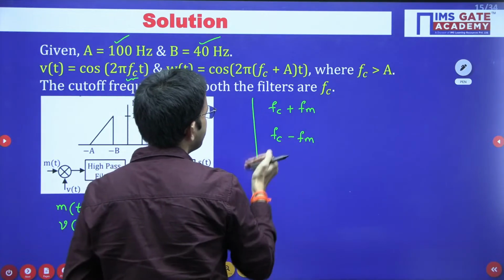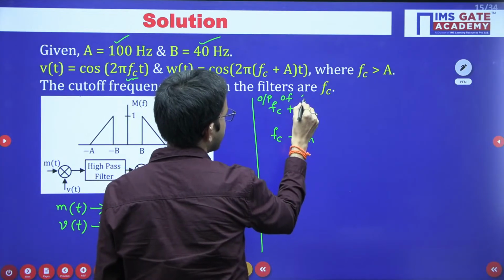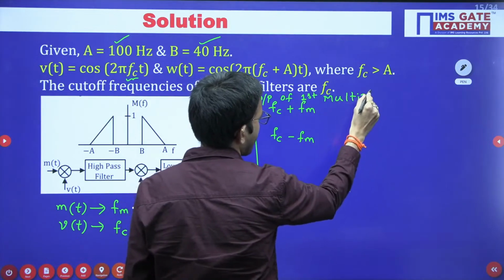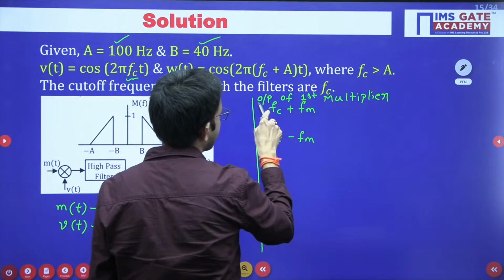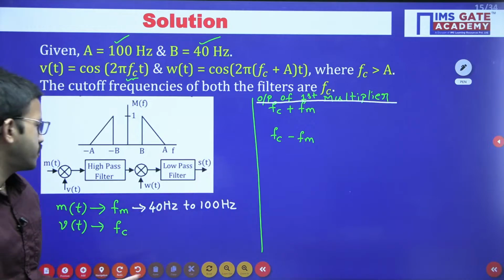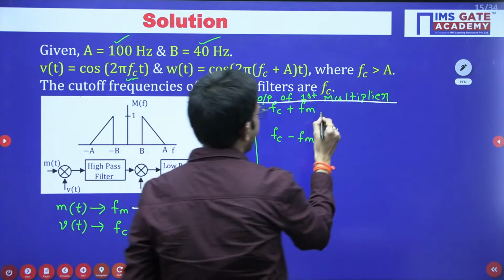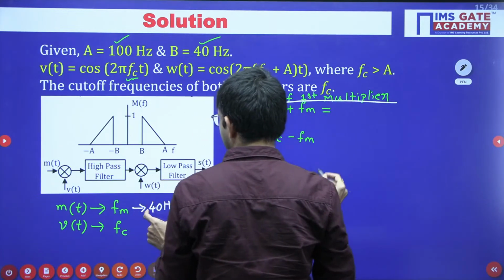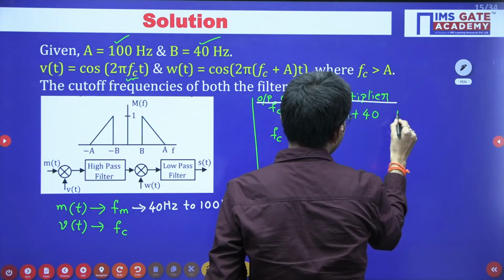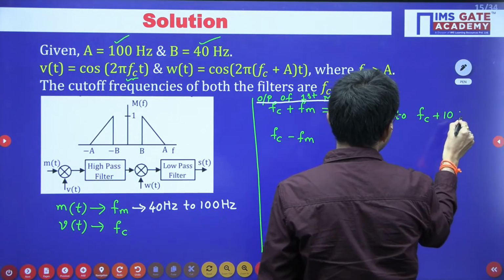Output of the first multiplier: we will get Fc plus Fm and Fc minus Fm. Here Fc is a single frequency, but Fm is a range of frequencies. So accordingly you will get Fc plus 40 to Fc plus 100.